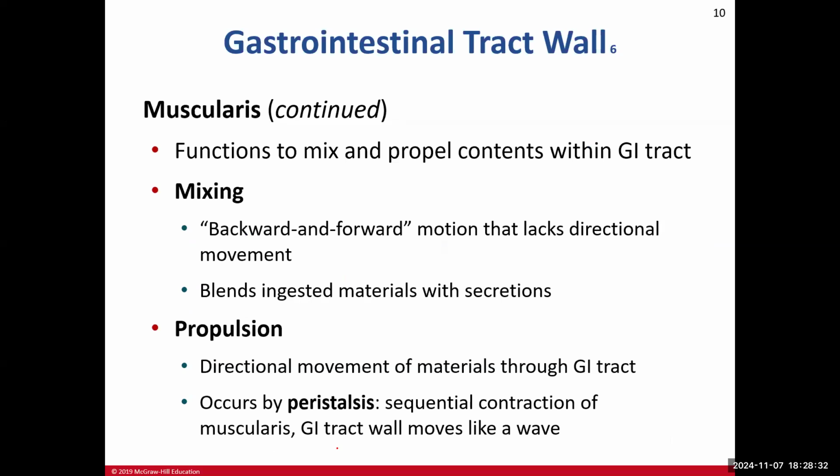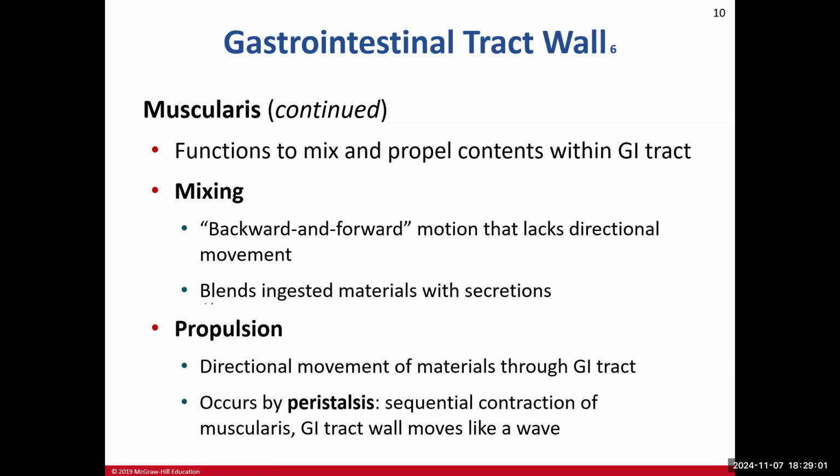So primarily when we're talking about the muscularis layer, like I said, we're going to see two things occurring as a result of the orientation of these muscle layers. That inner layer, that circular layer that is circumferential around the lumen there, its job is going to be to help with mechanical digestion.